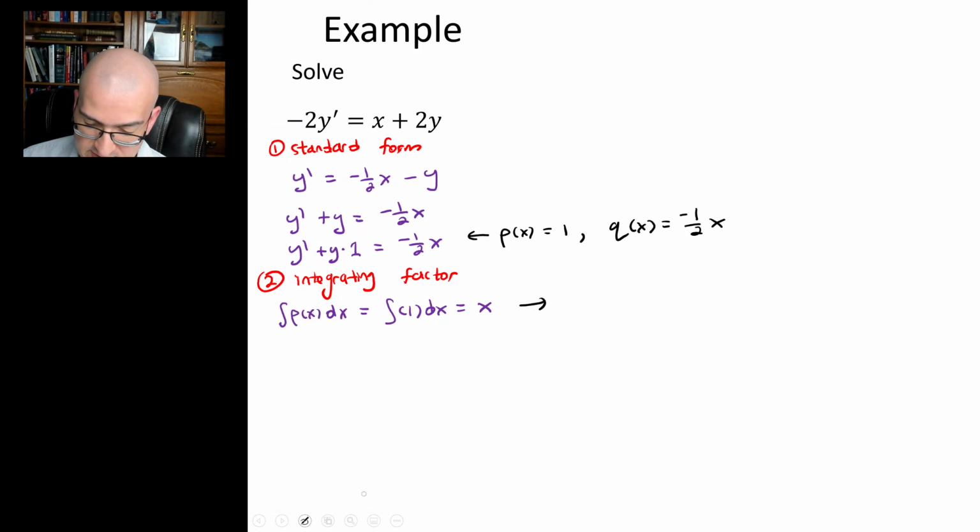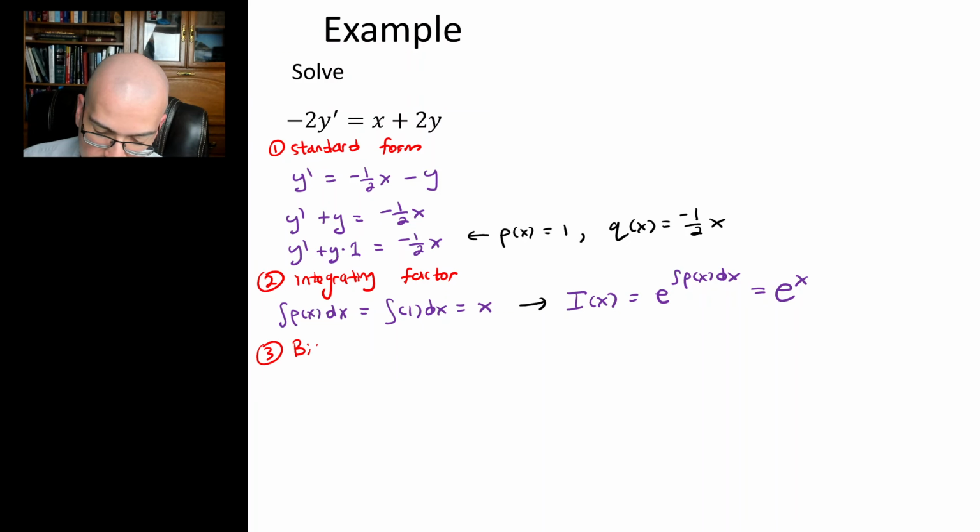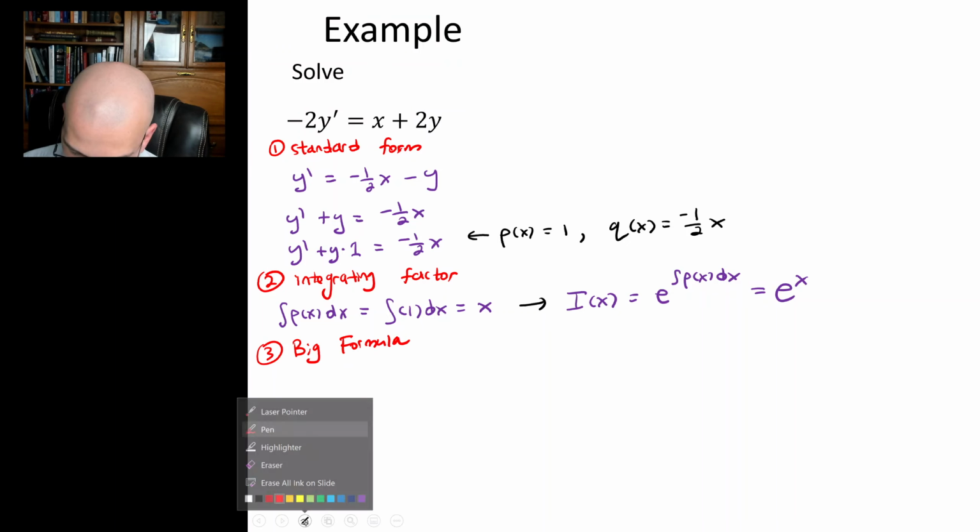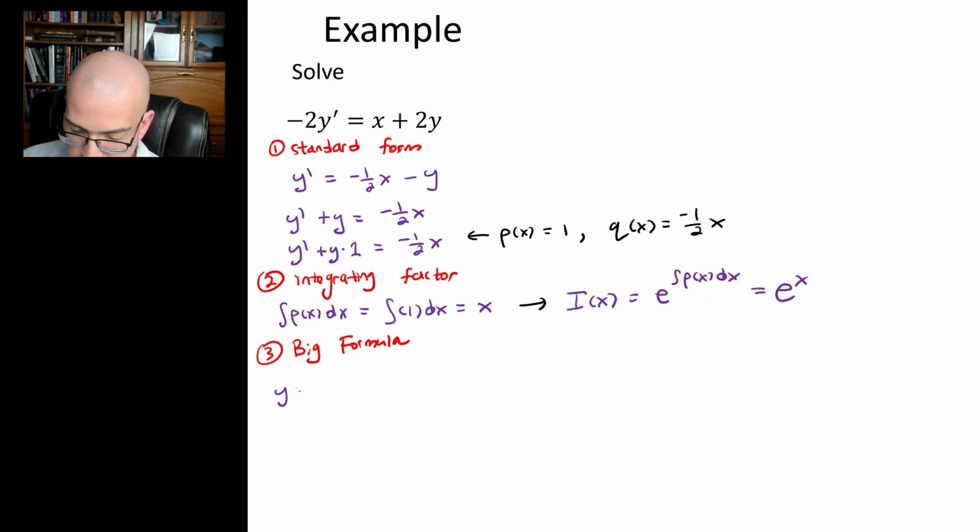Now we find I of x as e to the integral of p of x, what we just found. So just e to the x. Now we go to step 3, the big formula. Y is equal to 1 over the integrating factor, 1 over e to the x, times the integral of I of x times q of x. So e to the x times negative 1/2 x dx.